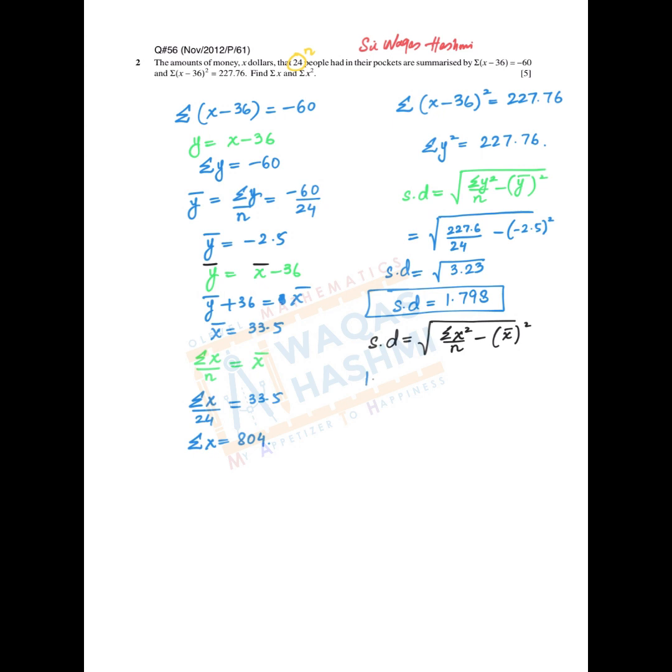SD is known, it's 1.798 is equal to summation of x square is what we are looking for, divided by n is 24, and the mean value of x we found, and that is 33.5 and square of it. After solving, you will get the value of summation of x square. It's 27011.6. That is your summation of x square, and it's your final answer.